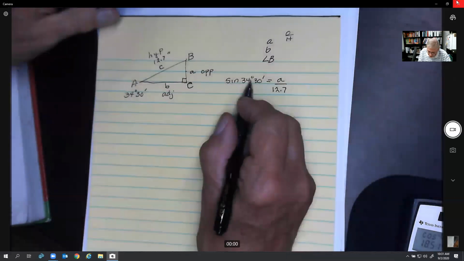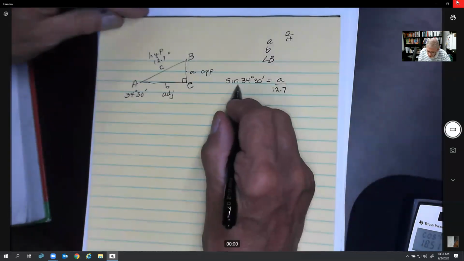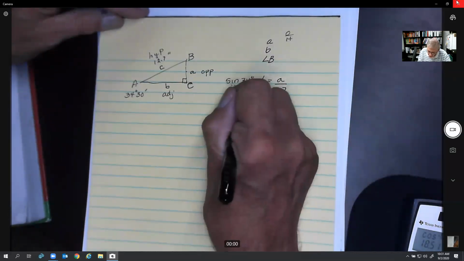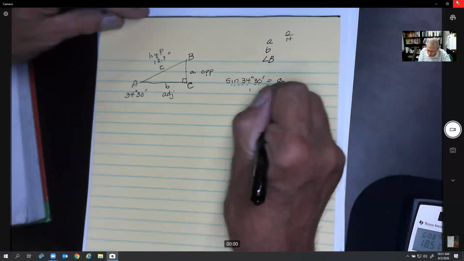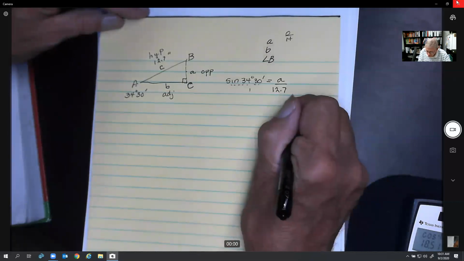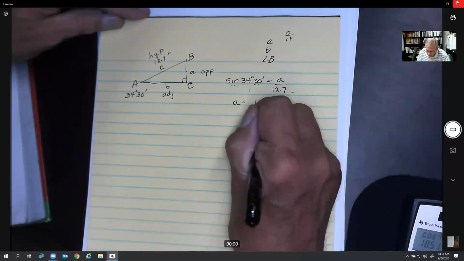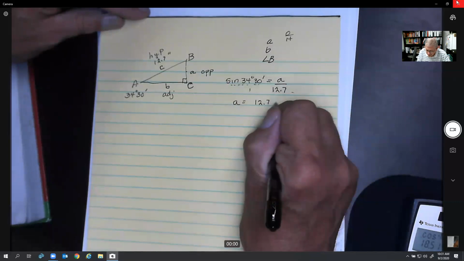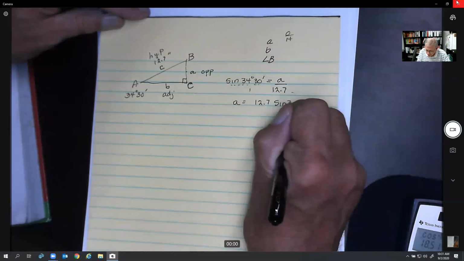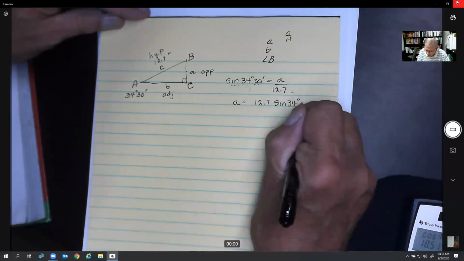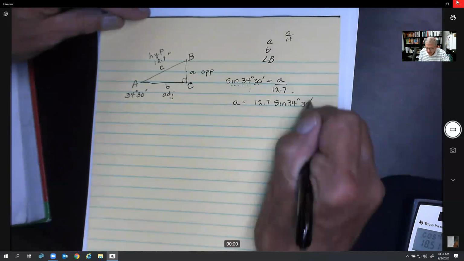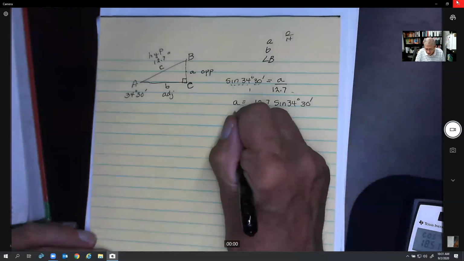Well, this is basically a proportion. We could technically put this over 1 and cross multiply. 1A equals the product of these two. So A is equal to 12.7 times the sine of 34 degrees, 30 minutes. And I can just enter that into my calculator that way.